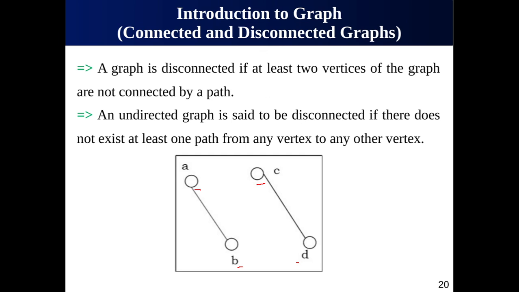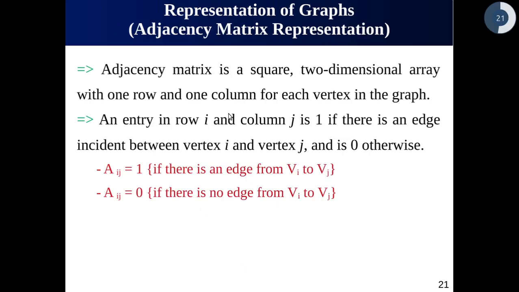Okay, now after discussing different types of graphs and different terminologies, let us turn our attention to the representation of graphs in computer memory. There are two standard ways of maintaining a graph in the memory of a computer.